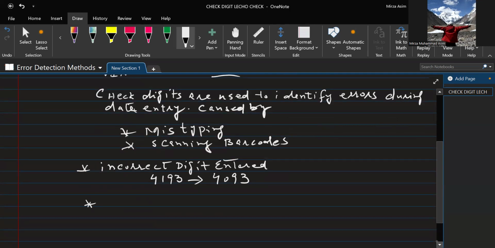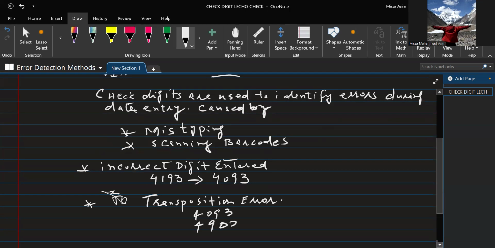Number two, transposition error. What does transposition error mean? You swap the numbers. For example, you wanted to write 4093, but you write 4903. So you swapped the 0 with the 9. That is a transposition error, right?